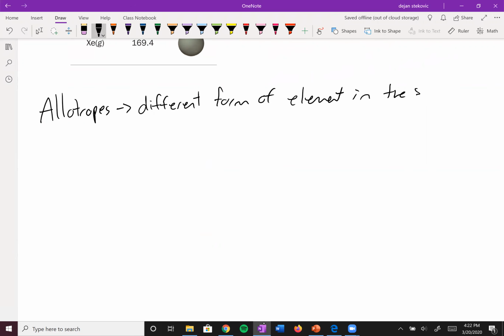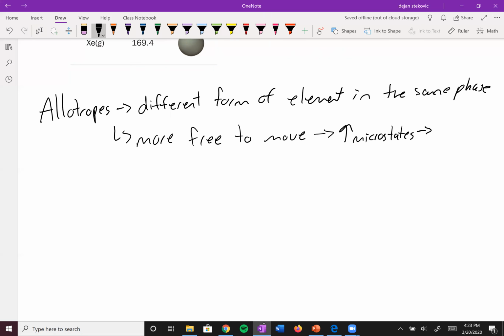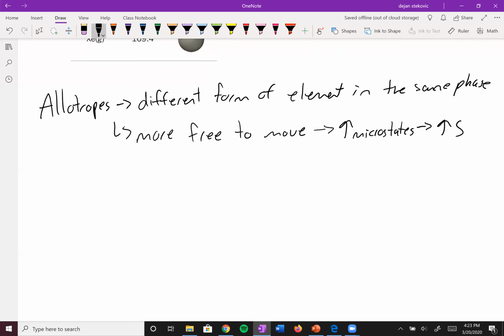And the general thing you want to think about here is more freedom to move, more ways you can organize that system, more entropy. Increase, we'll go with microstates, and thus more entropy.